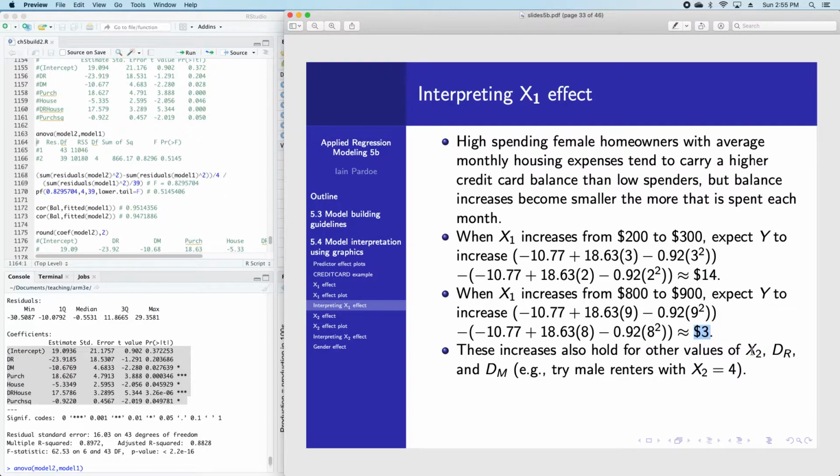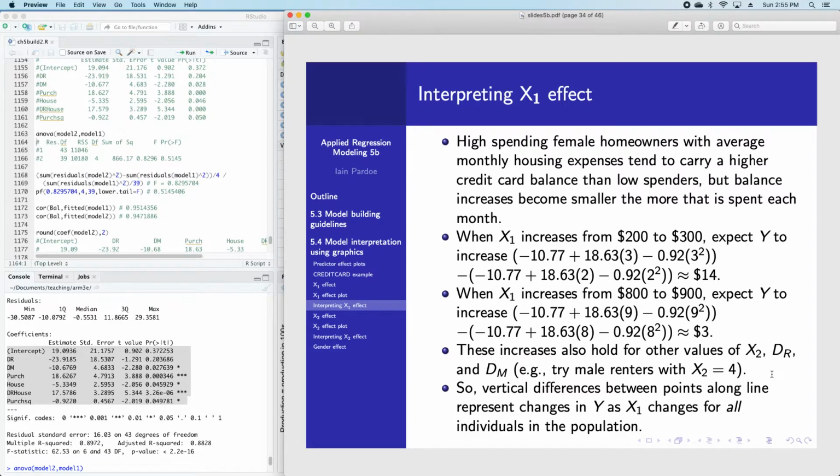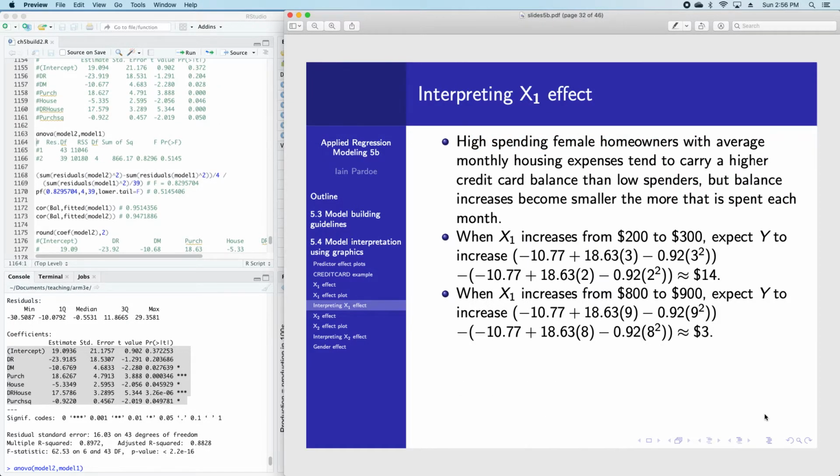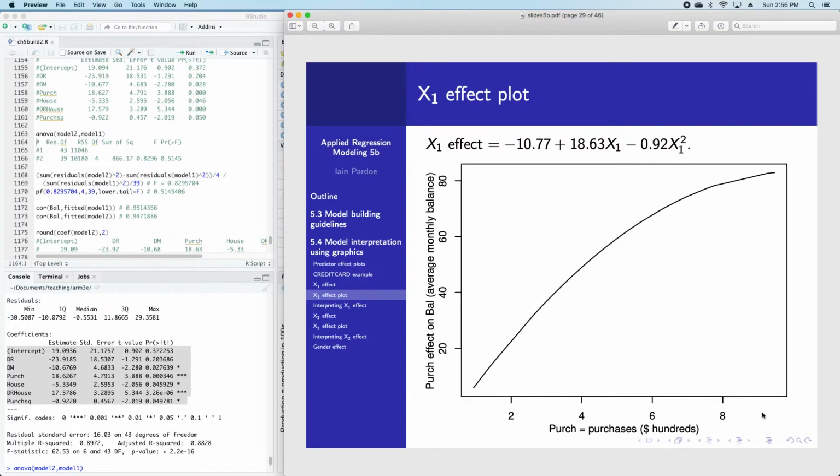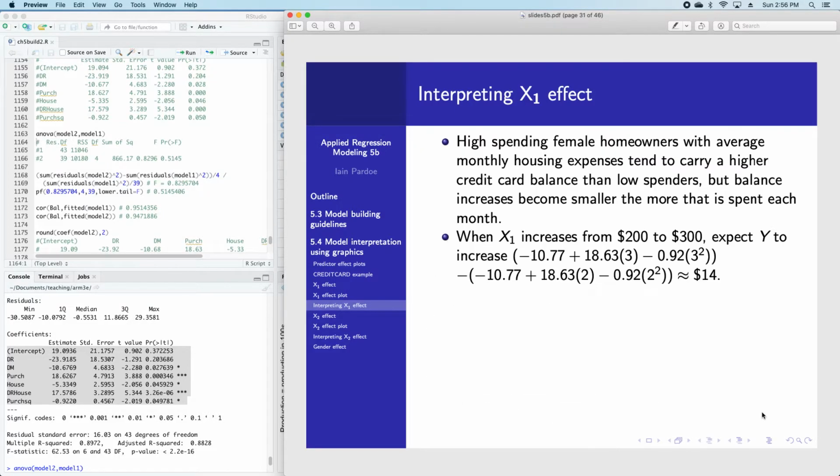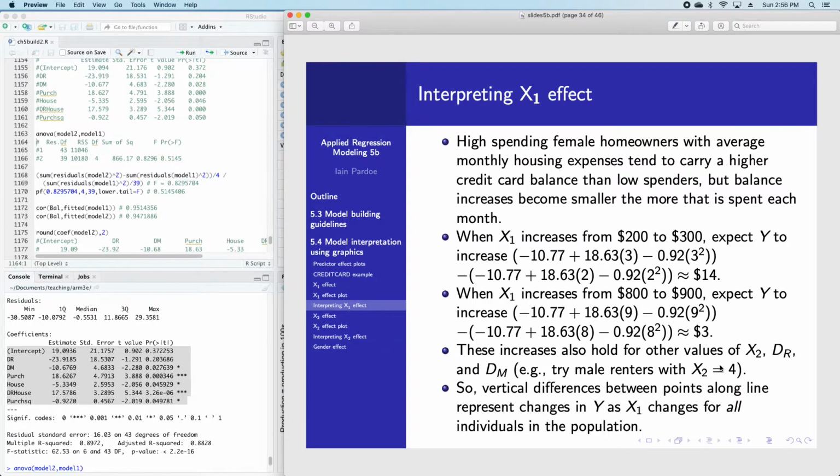So what this means is that vertical distances between the points along the line represent changes in y as x1 changes for all individuals in the population, not just specific types of individual, but for all individuals. So in that sense, this graph is kind of universal. Okay, so that's the x1 effect.